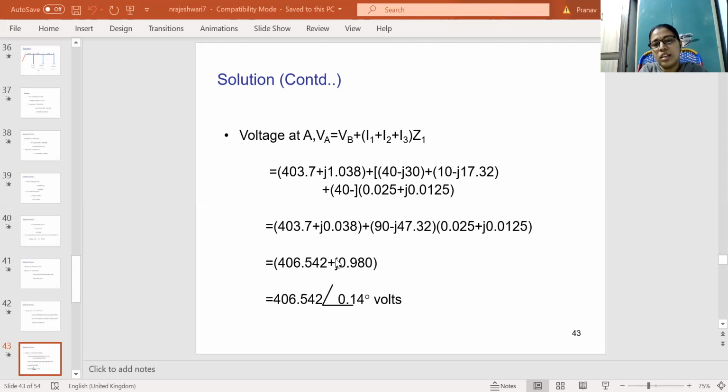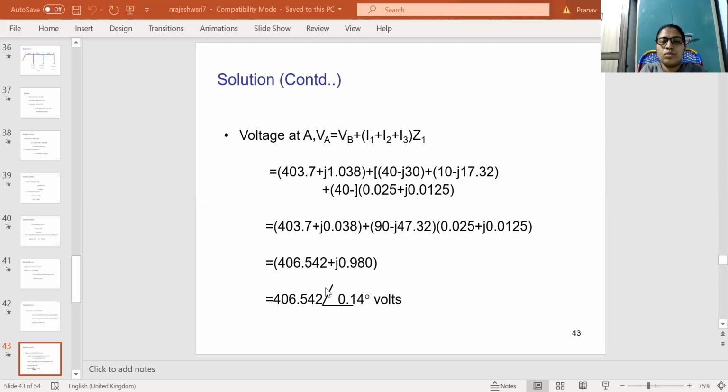finally we will get the answer VA equal to 406.542 plus j0.980. That is converted into polar form. So we will get 406.542 at an angle of 0.14 degrees volts as the voltage at A, that is VA, to maintain the voltage at D as 400 volts.